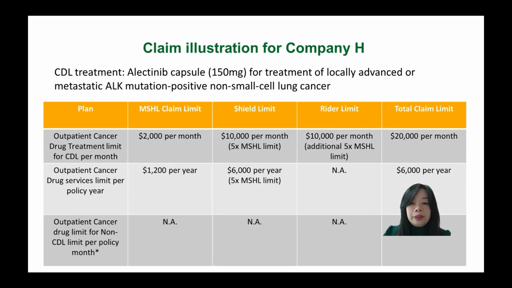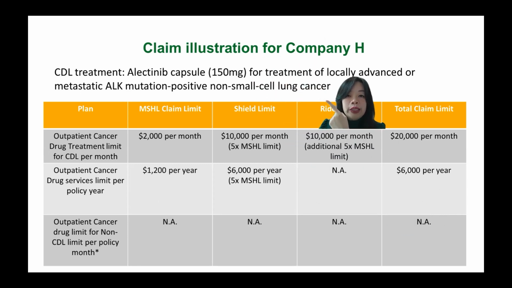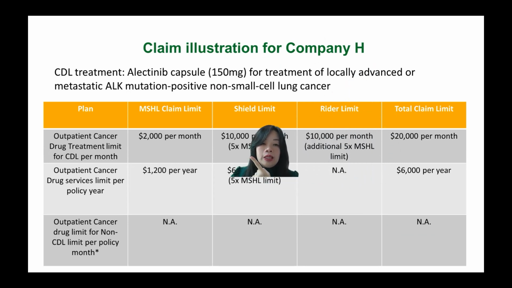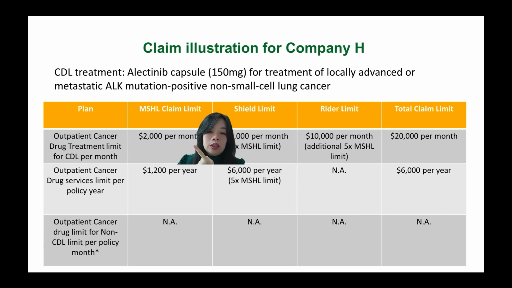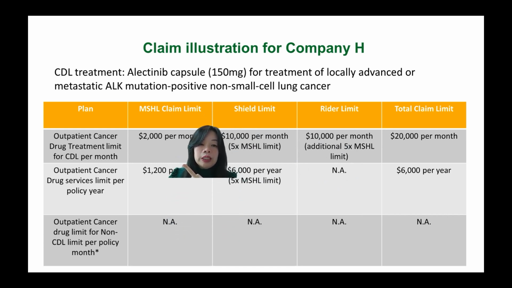Okay, so this is an example of a claim illustration of company H. Assuming this drug is being used to treat lung cancer, according to the cancer drug list, if you go to the MOH website, you will see there's a MediShield Life limit. Assuming over here the limit states $2,000 per month.